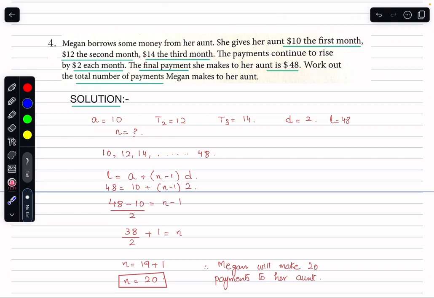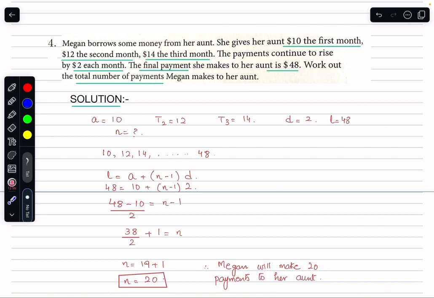I know the value of d, it's 2. I know L equals a plus (n minus 1) times d. L is 48, a was 10, d was equal to 2. Substituting all these values, I can say it's 48 minus 10, which is 38, divided by 2.